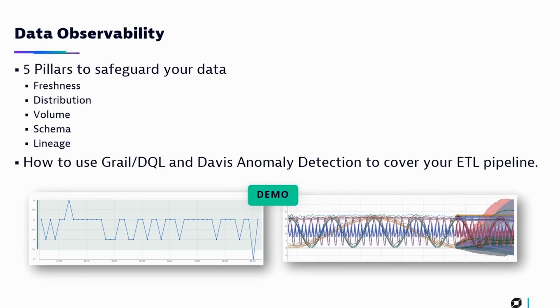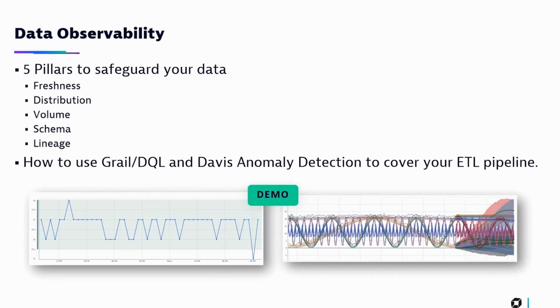Schema gives you the information on what kind of dimensionality, what kind of regions you are collecting the data. And Lineage, last but not least, measures how the data is transported from one step of the ETL pipeline to the next, right?